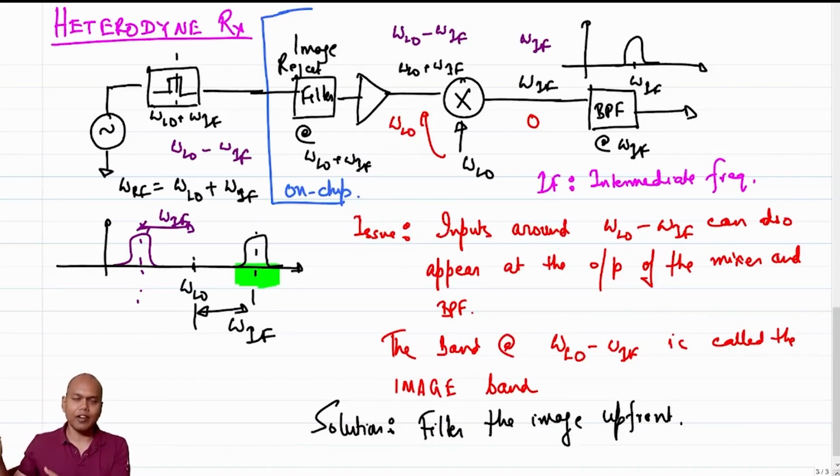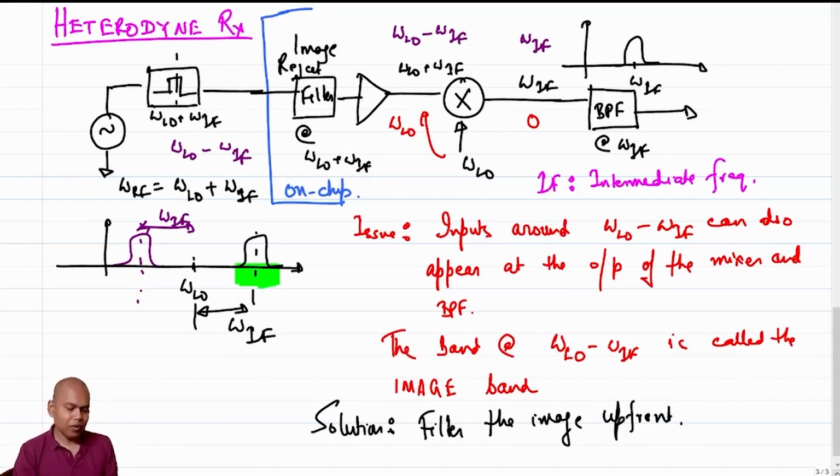You are expecting the final output to be around DC, because your voice signal that you are transmitting was somewhere around DC to a few kilohertz, or the video signal that we are transmitting was very low frequency to a few megahertz. Now your omega IF can be as high as tens of megahertz to even hundreds of megahertz. So having only a band pass signal around omega IF is not sufficient, right? We are somewhere in the middle.